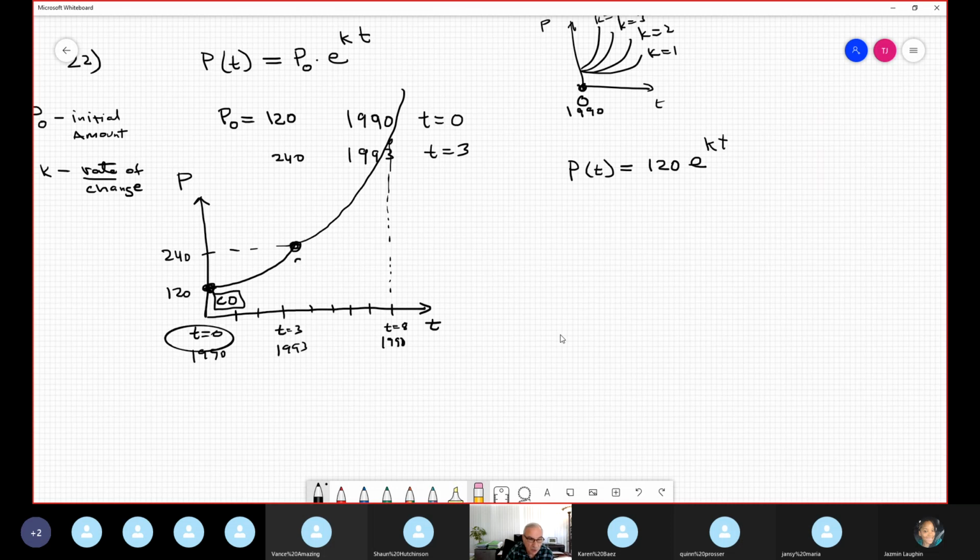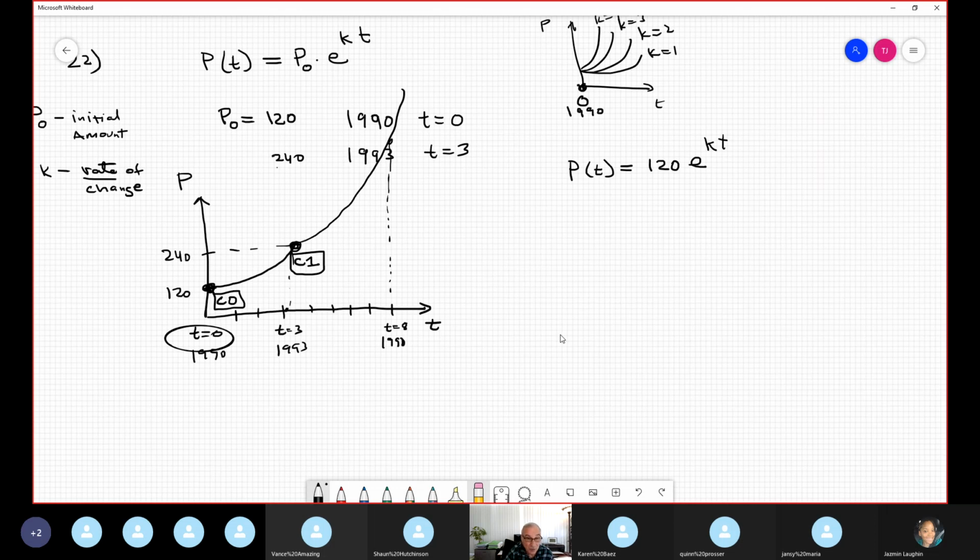But we have another condition, condition 1, at t equals 3. Condition 1 is used to find the k value, because I know the time very well. So the population at this time is 240.